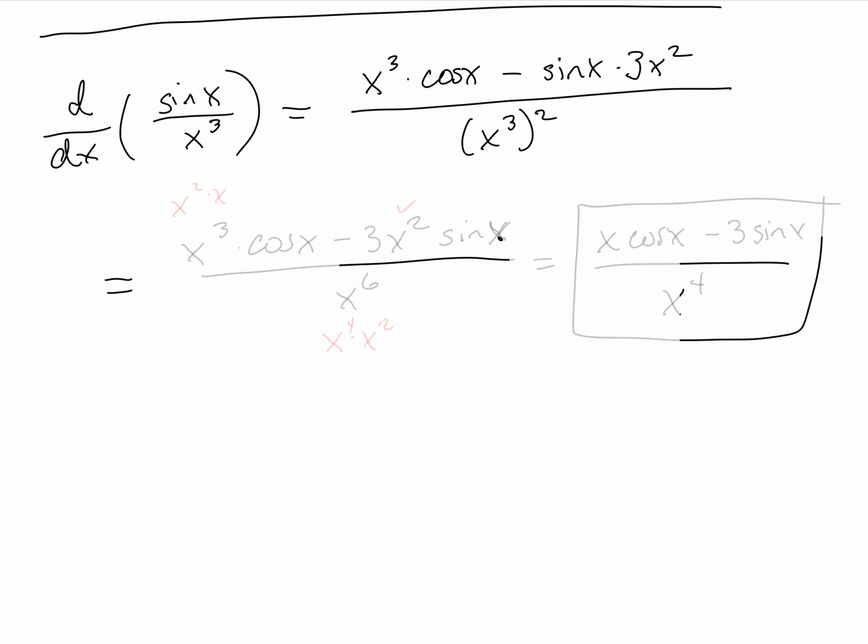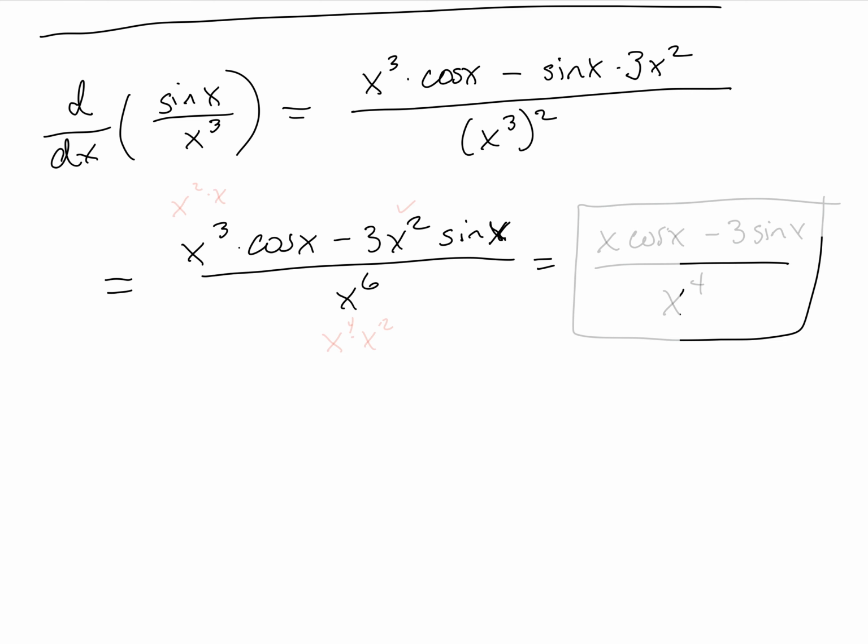Let's simplify that a bit. So that's x cubed times cosine x minus 3x squared sine x, all divided by x to the sixth, which is what x cubed squared is equal to. When you take the exponent of an exponent, you multiply those exponents together. And so, we could simplify a little bit more.